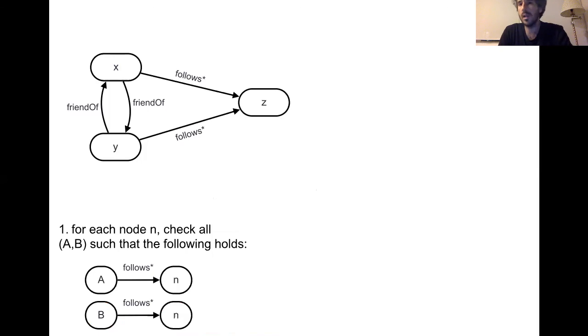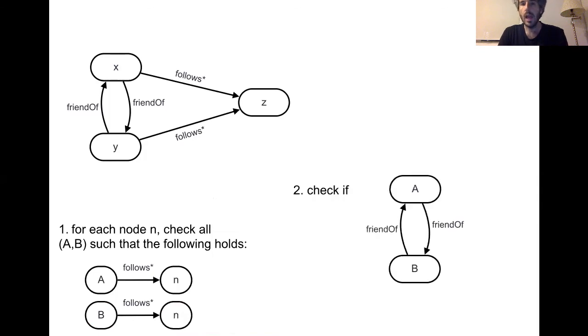But of course, there is another approach, where you start global. You can start computing everything that is a follower, and then check local in that answer. So basically, for each node n in the graph, I'm going to check all A, B such that A and B are actually reachable to n. And for each of these pairs A, B, I'm going to check now whether they are an answer to the pattern. So what changes here?